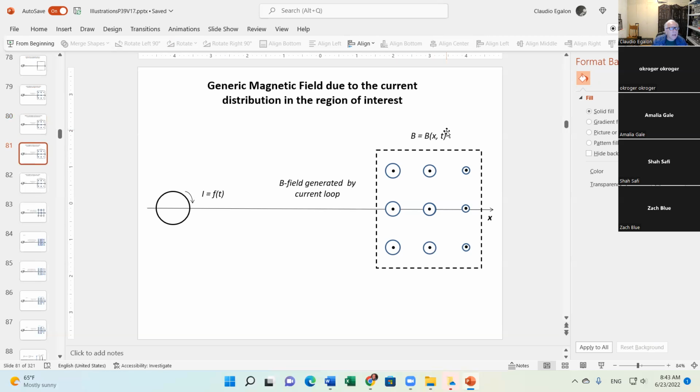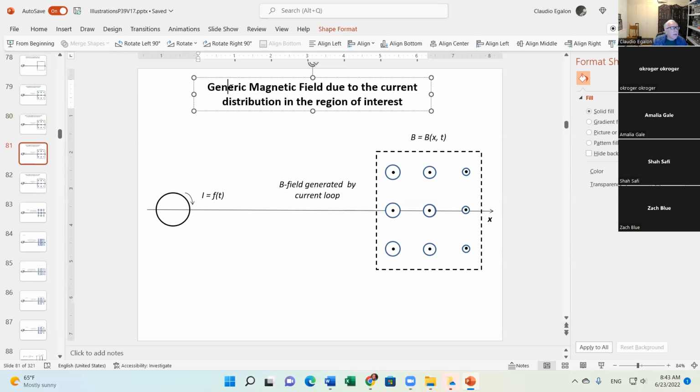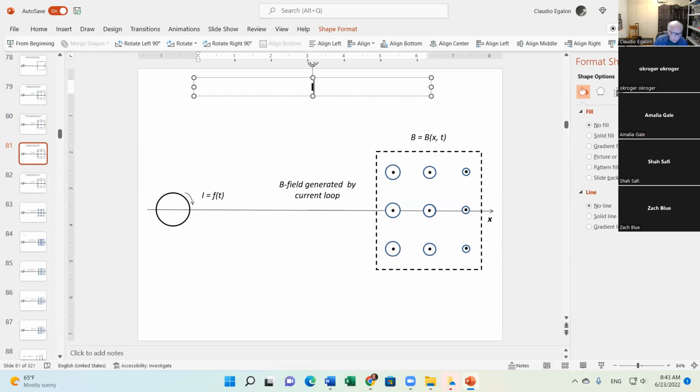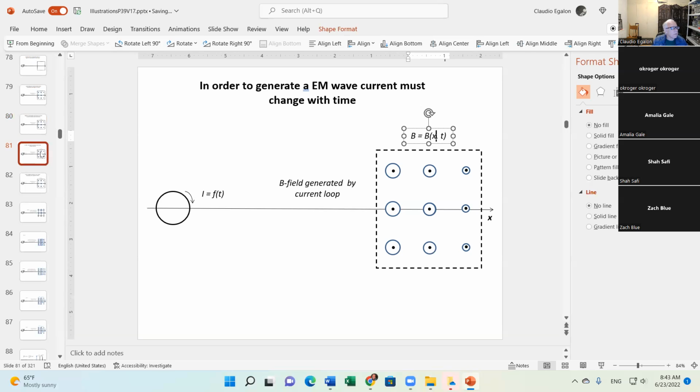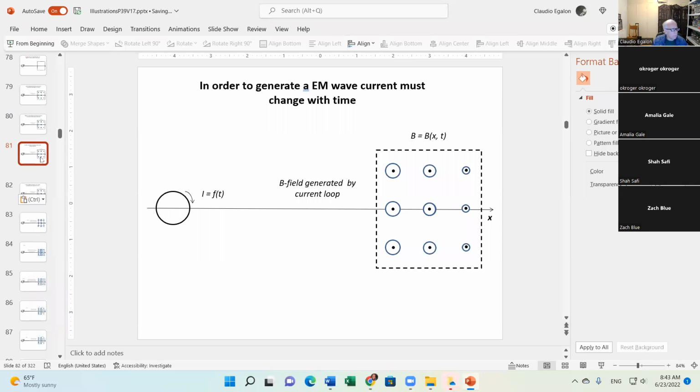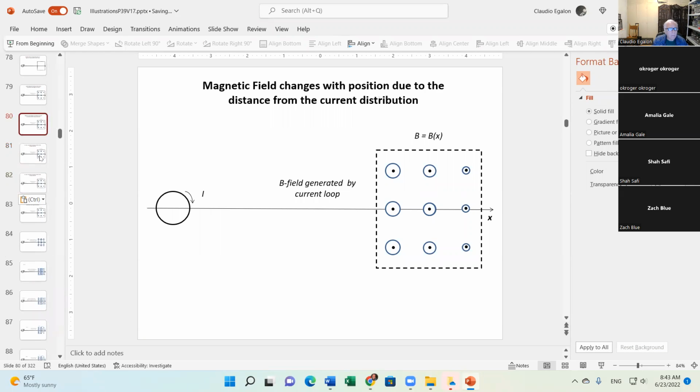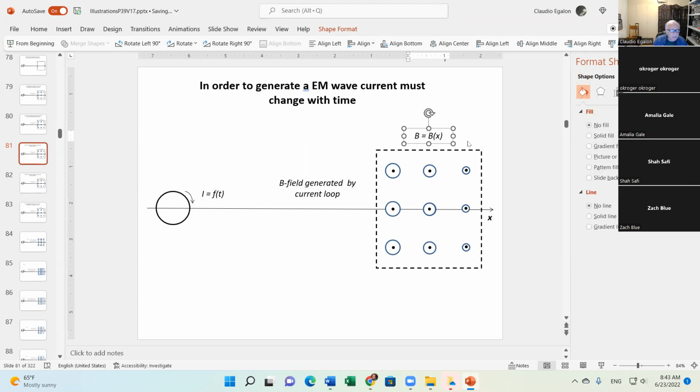So in addition to that, in order to generate an EM field, an EM wave, current must change with time. So here again, I'm not going to put time dependency yet.